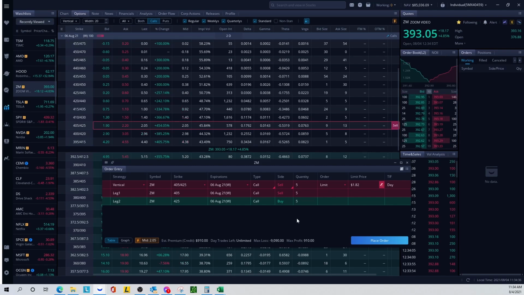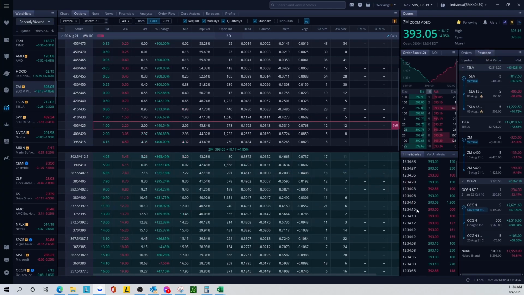So it's going to be a negative debit, which means you receive a credit, and that's kind of confusing to people. You can sort of see that here on the Tesla spread. Here's the market value.